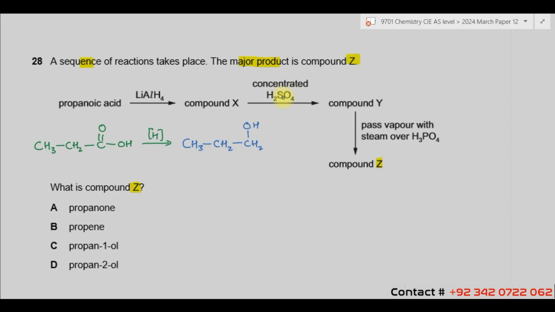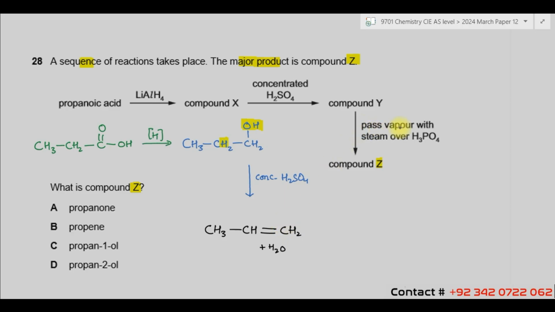Then we have concentrated H2SO4, it causes dehydration. In dehydration, OH is removed from one carbon, H is removed from the adjacent carbon, and an alkene is formed. So CH3, CH, double bond CH2 plus water. So this is compound Y.